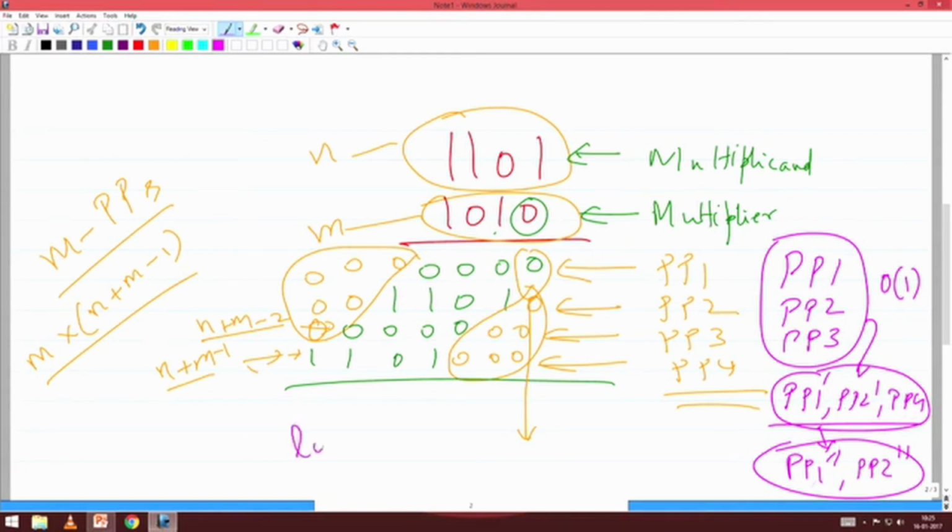So in log n plus 2 steps, log n for this addition, where I use a carry lookahead adder, plus 2 steps, I can finish off multiplication of these 2 numbers. Not log n plus 2, in this case this is 4, because we have n is 4.